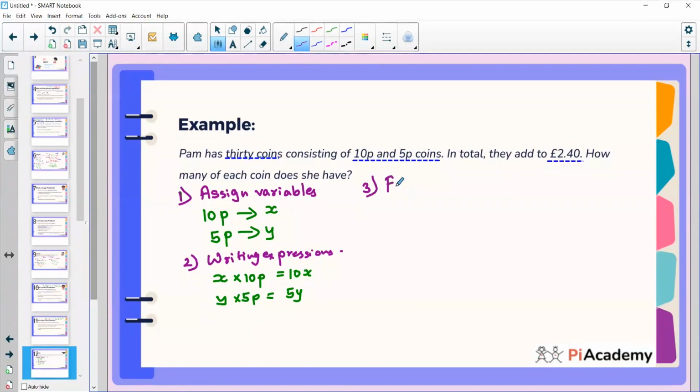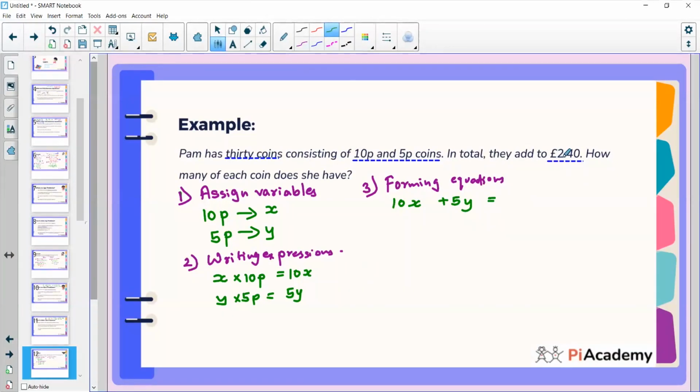Now, forming equations. Since here we got two variables, definitely we would have not linear equations, but simultaneous equations, right? Because here we are dealing with two variables. So now we have 10x plus 5y. This is value of 10p coins plus value of 5p coins. What is this?